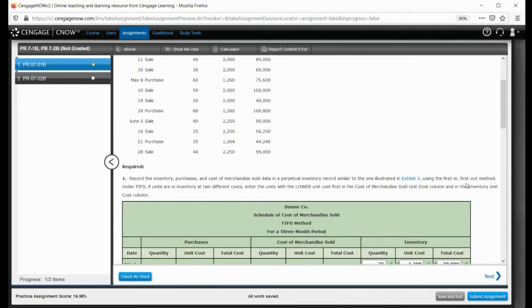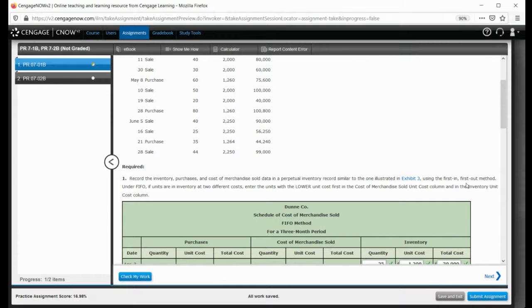In a perpetual inventory system, it's really important to keep a continuous record of the amount of merchandise inventory that you have on hand at all times. So every date where we are buying merchandise, we need to update our merchandise inventory account. And every date where we are selling merchandise, we also have to update the merchandise inventory account.